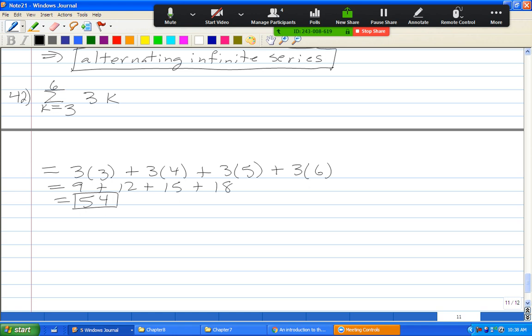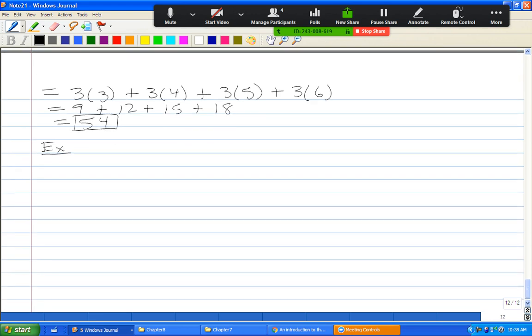Let's say you want to evaluate the sum, j equaling 1 to, no, let's go 1,000.